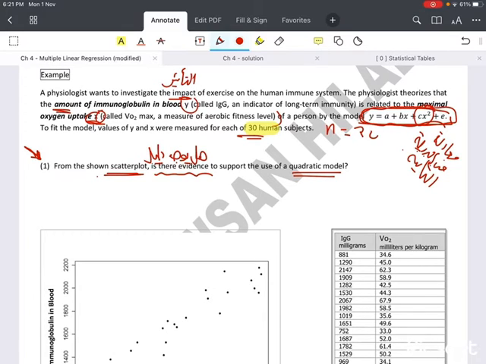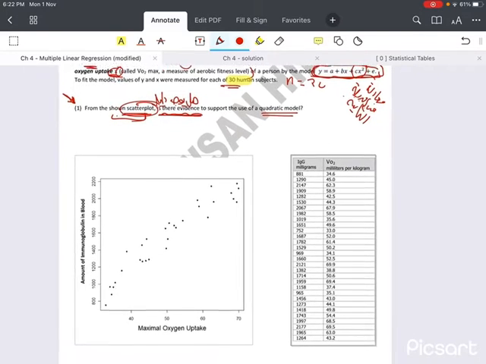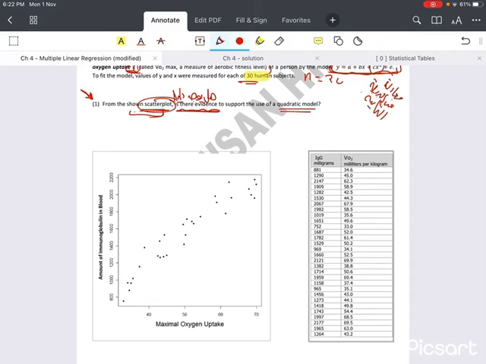If they had not said from the scatter plot, we would do a test. But they said from the shown scatter plot, so you return to the scatter plot.